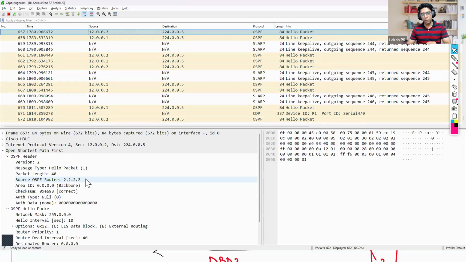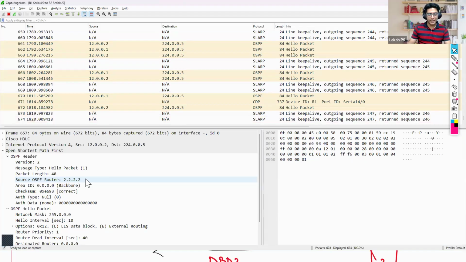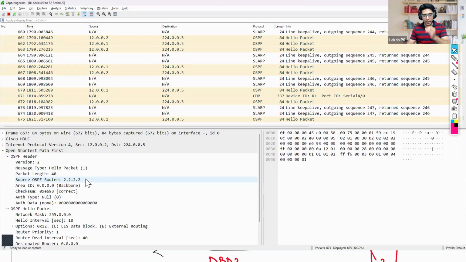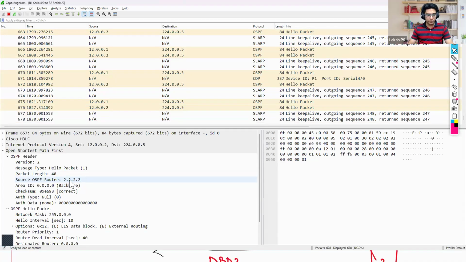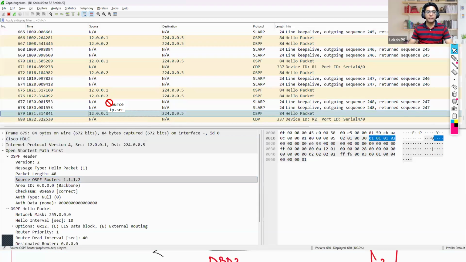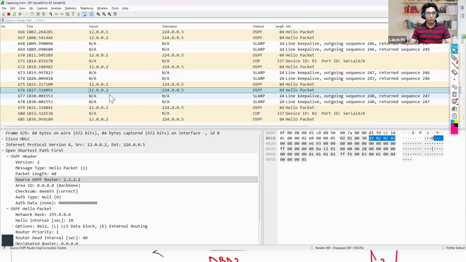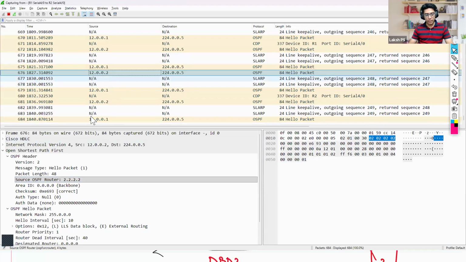It is not helping the router to exchange the data. It is only for the namesake purpose that from this particular router ID, data is coming. And moreover, the router ID is supported by the source IP address also, 12.0.0.2. You can see here, from the source IP address of 12.0.0.2, a hello message is coming which has a router ID of 2.2.2.2.